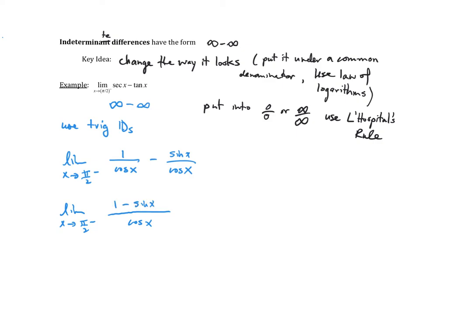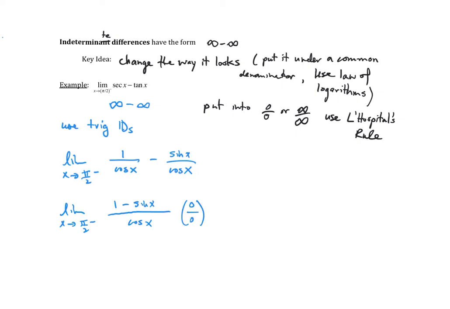That's going to give me a 0 in the numerator when I plug in pi over 2. And we know that cosine of pi over 2 is going to be 0. So we get 0 over 0. This is the classic scenario, the basic indeterminate form where I can use L'Hopital's rule.